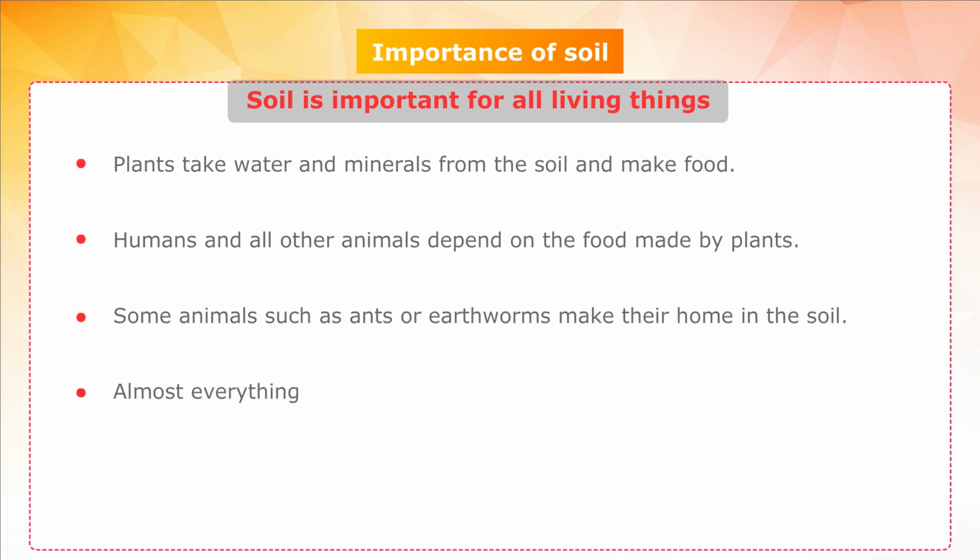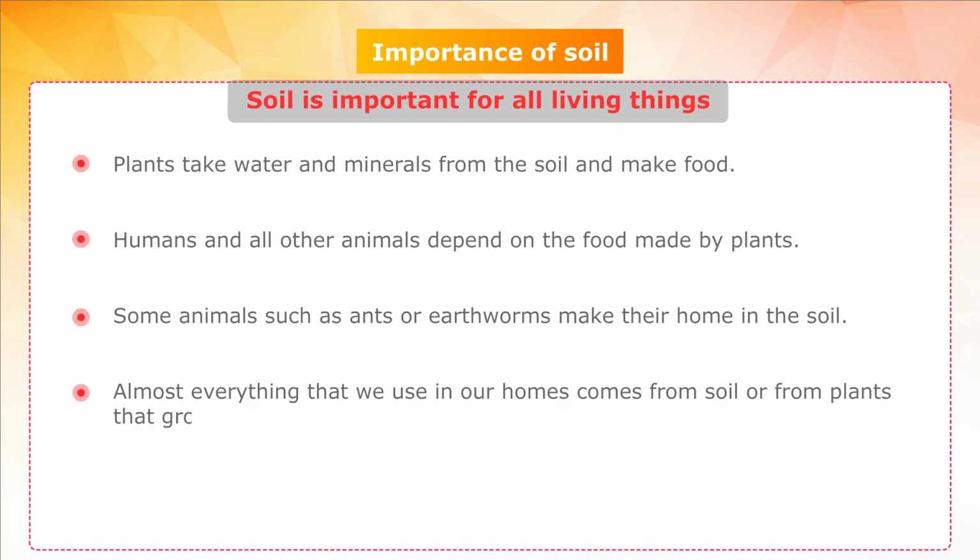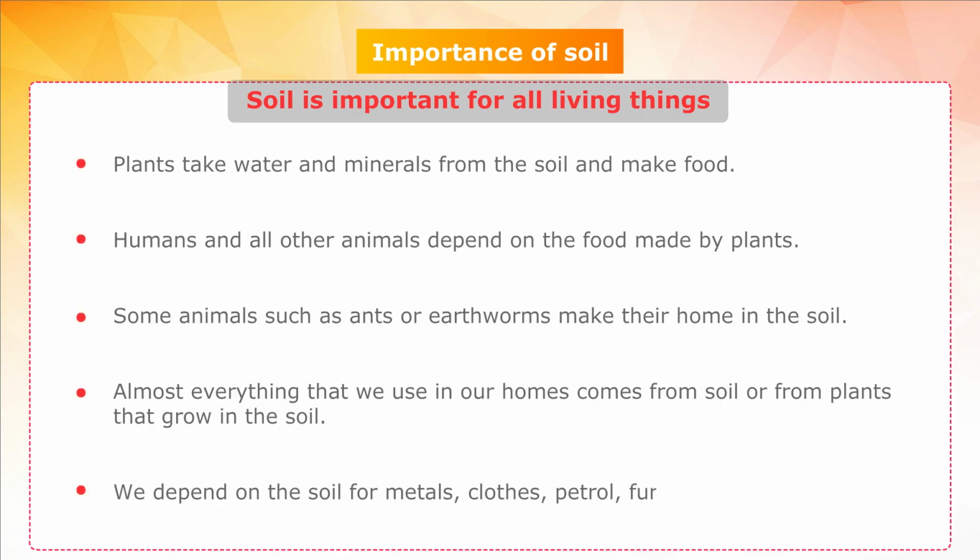Almost everything that we use in our homes comes from soil or from plants that grow in the soil. We depend on the soil for metals, clothes, petrol, furniture, and a number of other things around us.